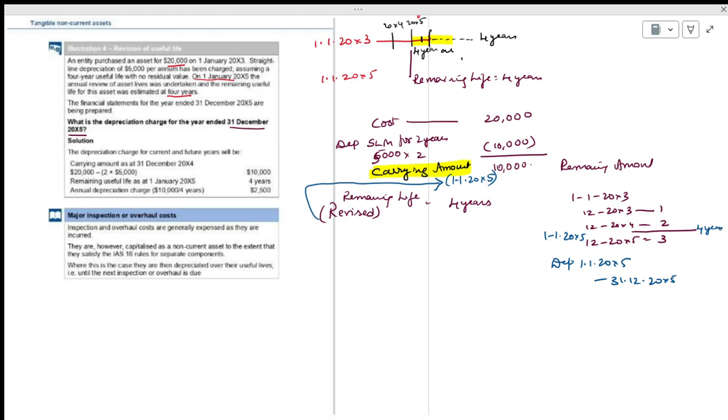Now we want to calculate the depreciation for 1/1/2005 to 31/12/2005.